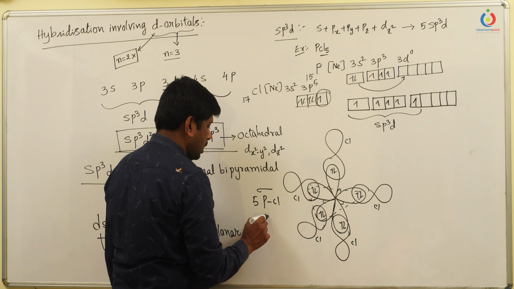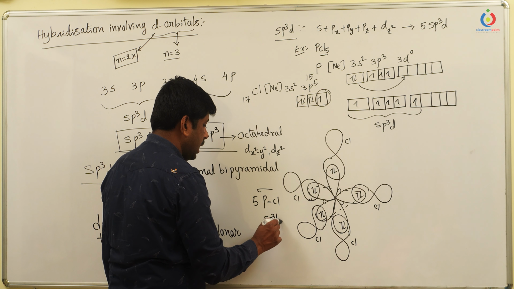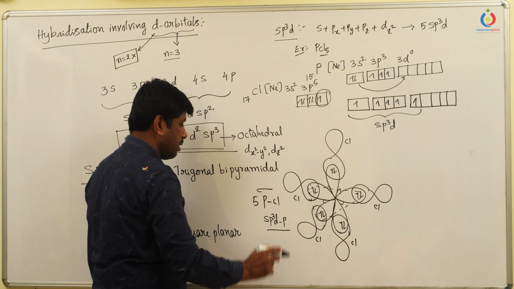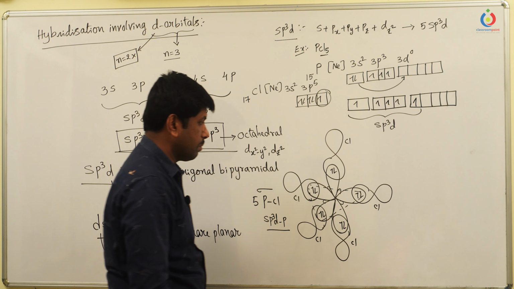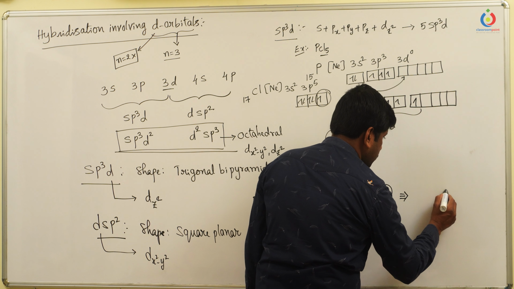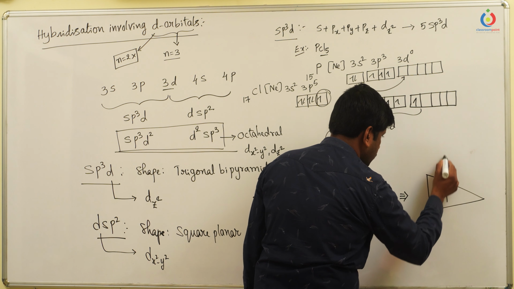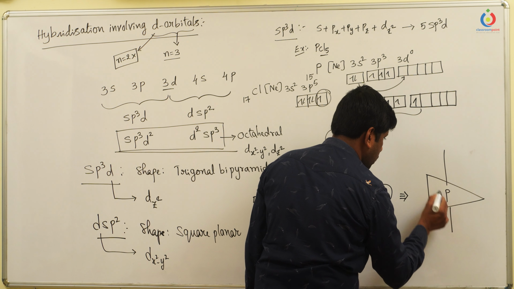These sigma bonds arise by the overlapping of sp3d hybrid orbitals of phosphorus with the p orbital of the chlorine. Now its equivalent structure can be written like this. This is phosphorus, with chlorines above and below the plane.